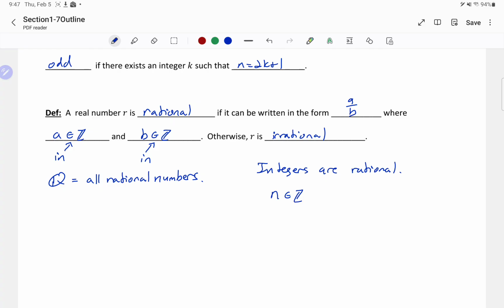This means if n is in Z, Z is the set of all integers, so we're saying n is in Z, so n is an integer. So if n is an integer, then n is equal to n over 1, which is a rational number. Okay. So integers are all rational.